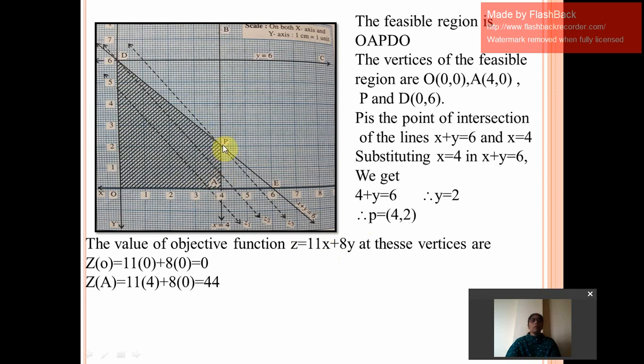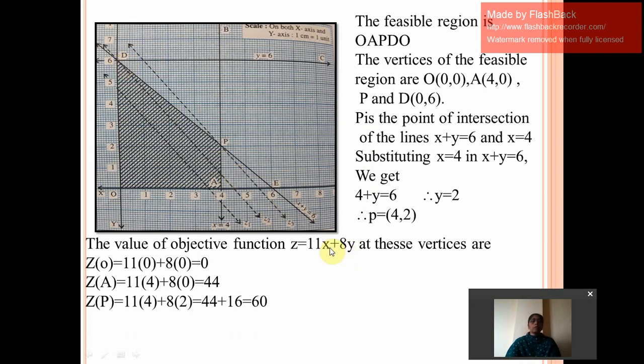Next point P, P is 4, 2. Z of P is 11 into 4 plus 8 into 2, which is 60. Next vertex D, D is 0, 6.